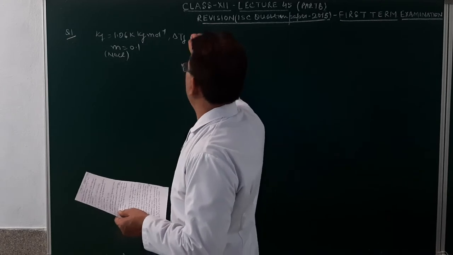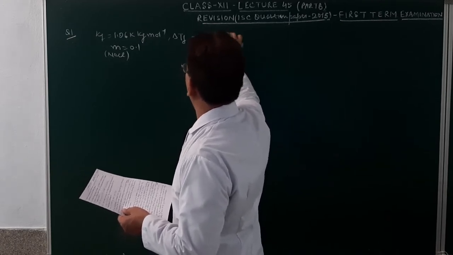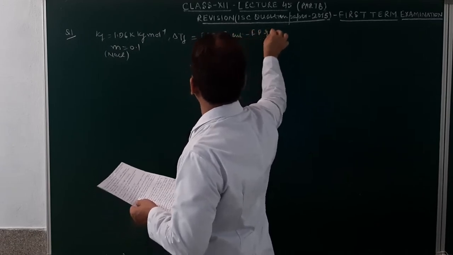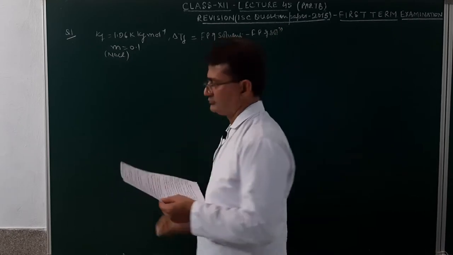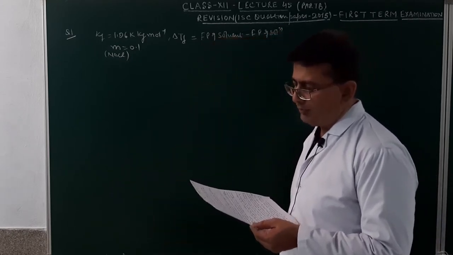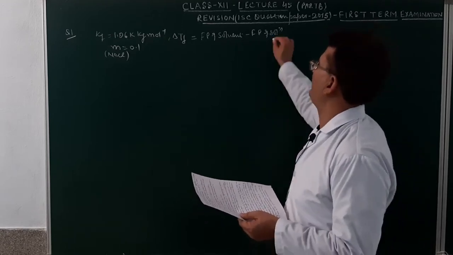We know delta Tf will be equal to the freezing point of the solvent minus the freezing point of the solution. Therefore, the freezing point of a 0.1 molar solution in water is expected to be, so we have to find out this.